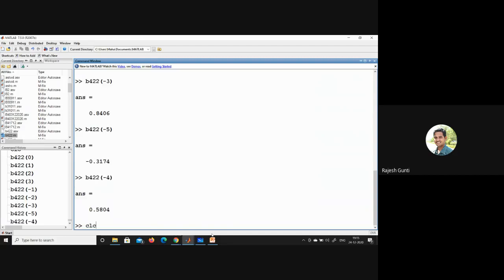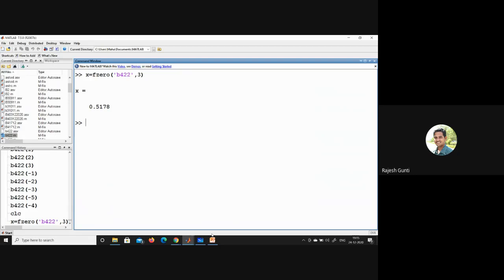Now, what is the value? Root is equal to x is equal to f0. What is my function? Starting point is 3. For example, I am taking the starting point as 3. The root is 0.5178. What is the function value at this point?